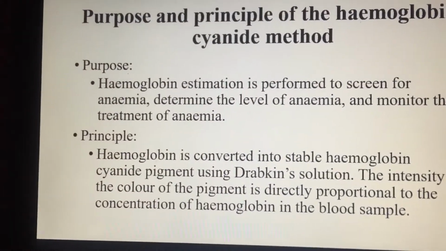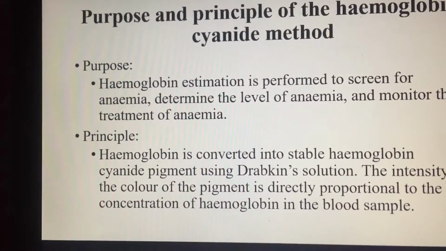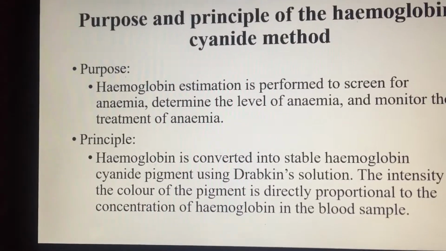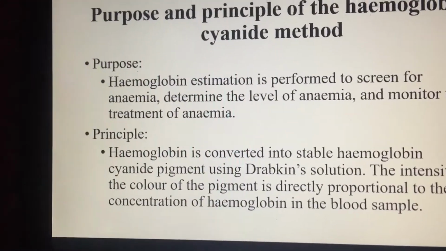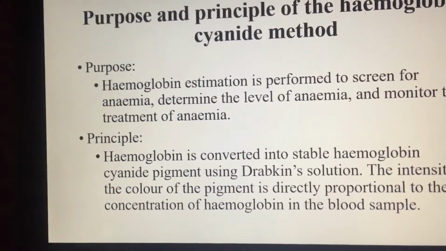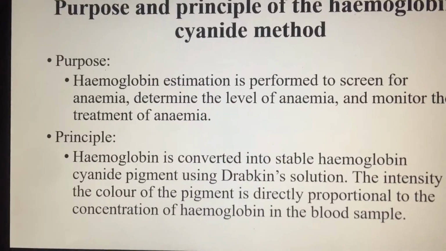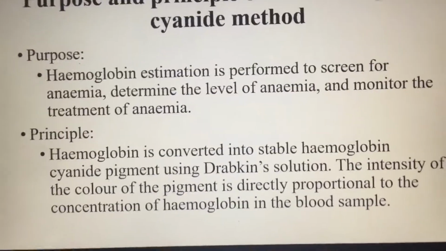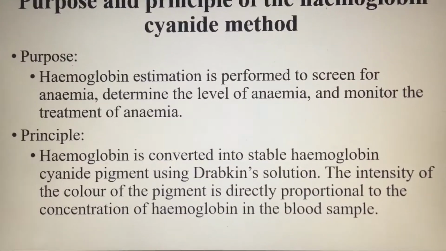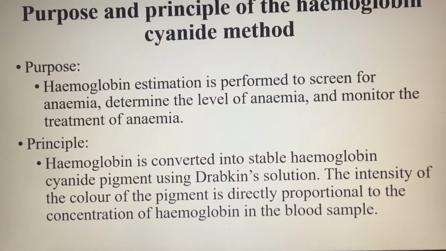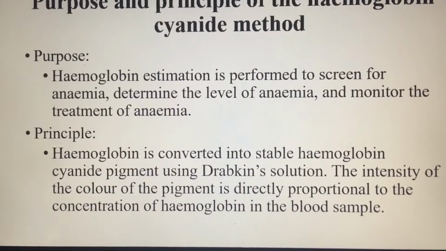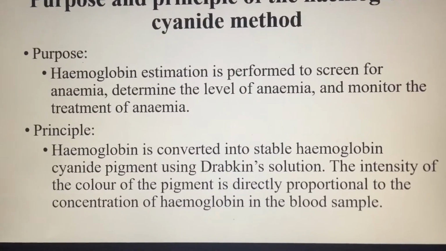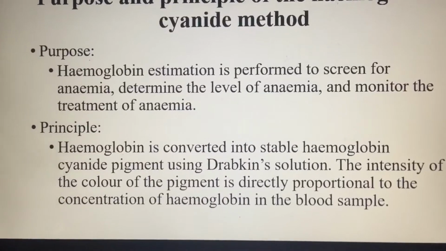So when you take that solution, a combination of hemoglobin and cyanide pigment that finally forms the hemoglobin cyanide pigment using the Drabkin solution, the intensity of color of that solution is directly proportional to the concentration of hemoglobin in our blood sample.